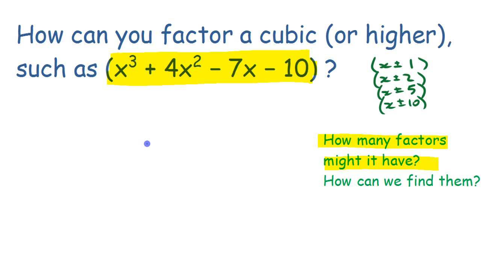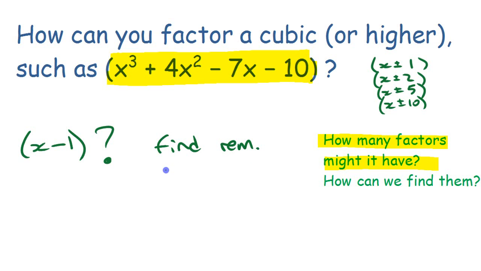So what we need to do is look at what the remainder is. And we've already looked at how we can find the remainder quickly. Say if we were dividing by x minus 1, if we want to know, is this a factor? So I'm going to put that question mark, is that a factor? We can find this by finding the remainder.